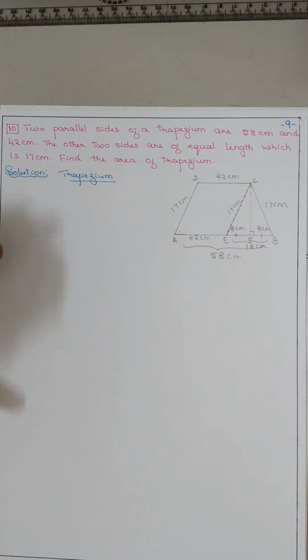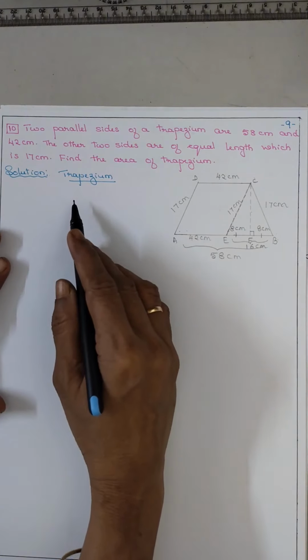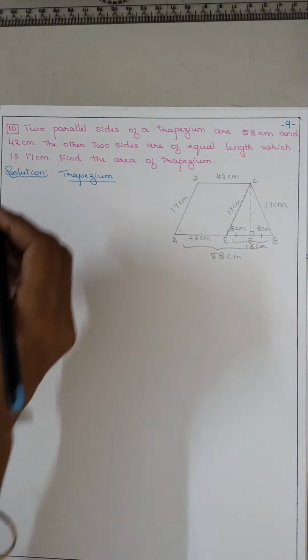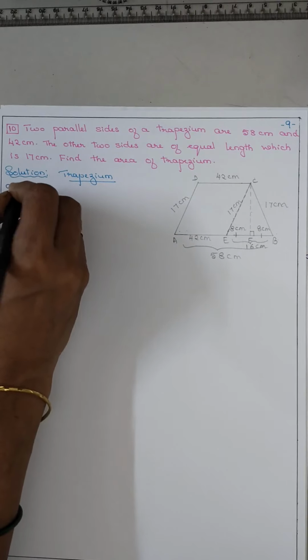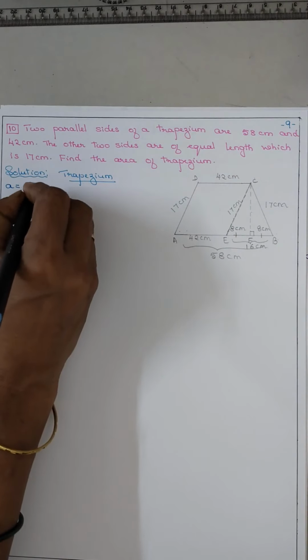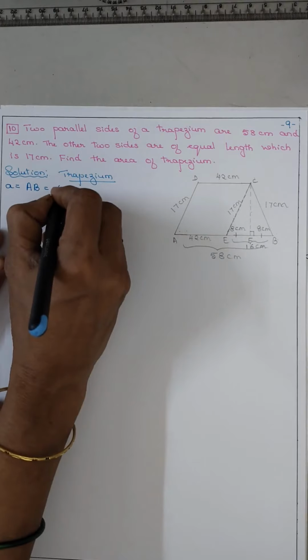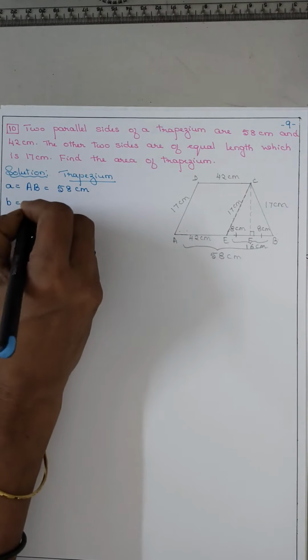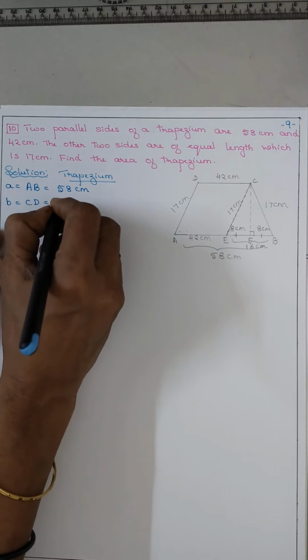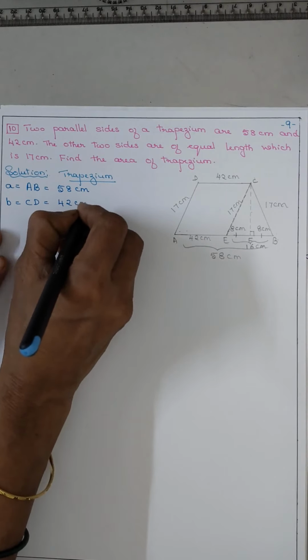Shall we write? What all we have to do? First, trapezium shape. Write the trapezium. Now AB is equal to 58 centimeter. B, that is CD, is equal to 42 centimeter.